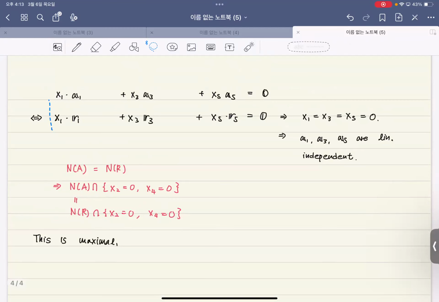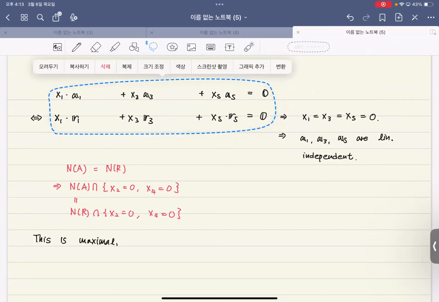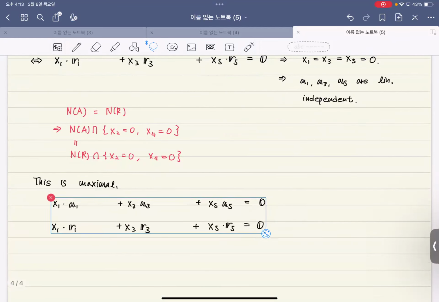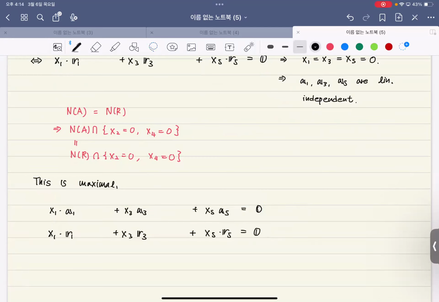Suppose you really want to check if A1, A2, A3, A5 are linearly independent or not.